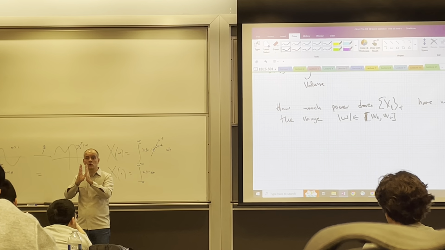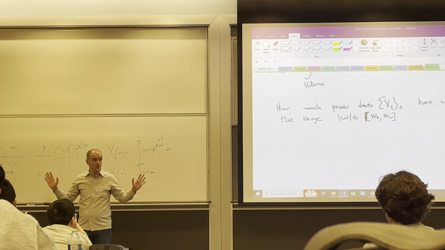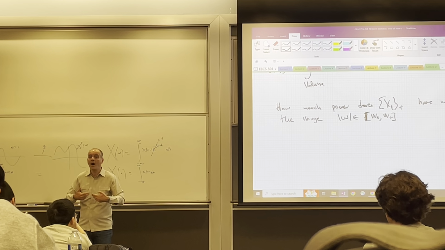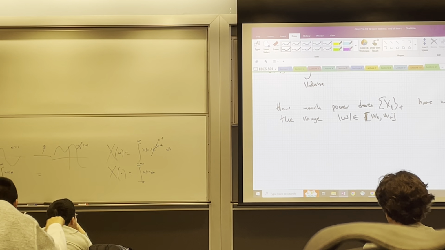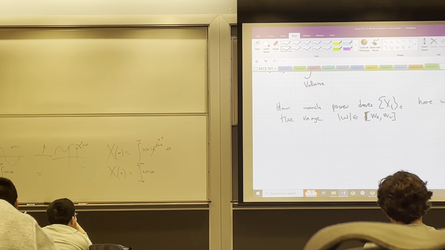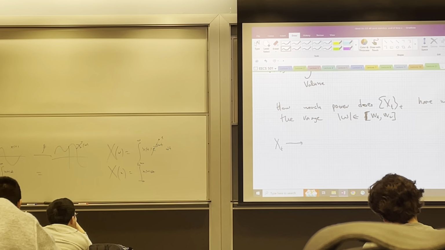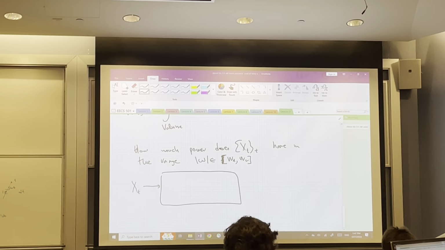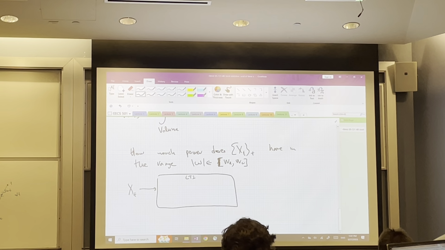I can filter out all other frequencies from x of t, and then measure the power of the resulting signal. So I'm suggesting I will take x of t, the random process, and put it through an LTI system, which is actually a band pass filter, which has a frequency response function. We know that it has to be symmetric, W1 to W2, that's omega, right?